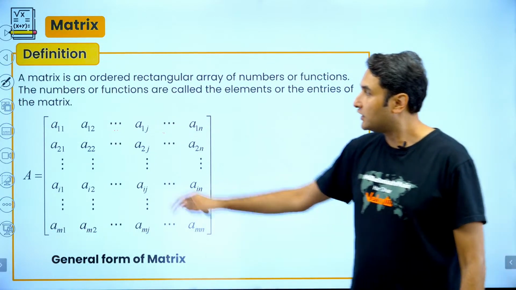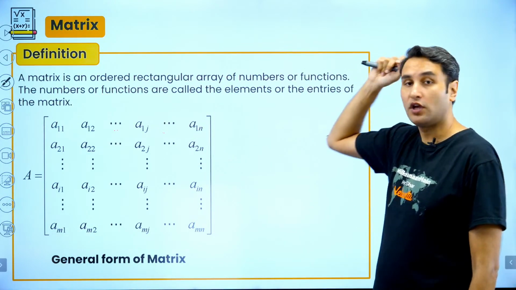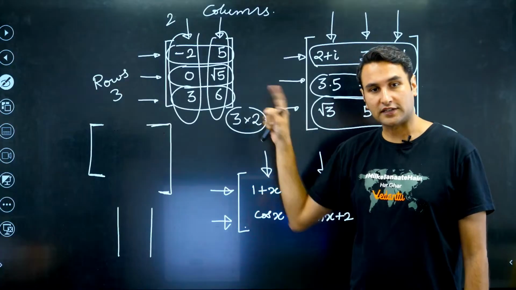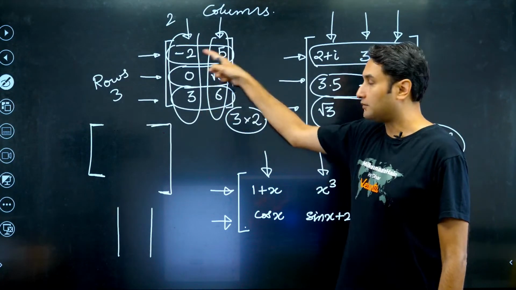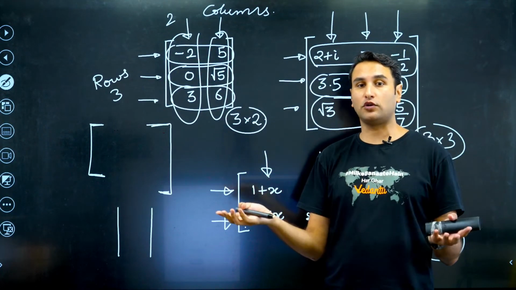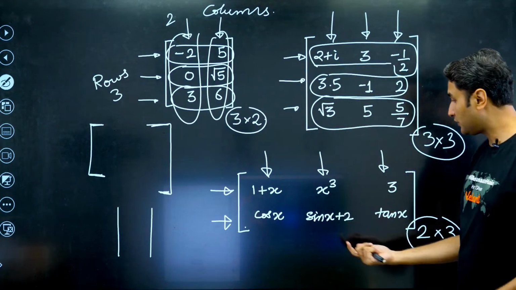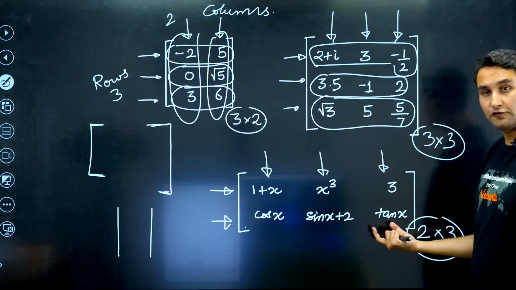What does it say? A matrix is an ordered rectangular array of numbers or functions. Let's come back to the previous screen. Can we only put numbers here? No. You can actually put a function also here, right? For example, sin x plus 2, it's a function. 10x, it's a function.